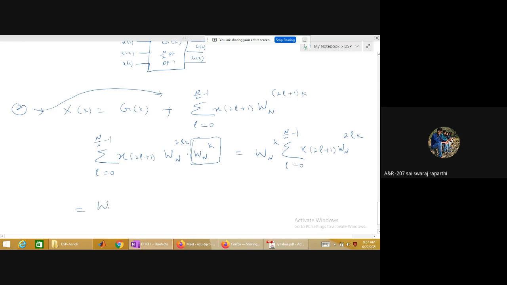Okay, sir. Fine. Now is it a standard DFT again, this box? No, sir. W n by 2 all. Then what am I supposed to do now again? L is equal to 0 to n by 2 minus 1 x of 2l plus 1 into W, again same term as I said earlier, right?